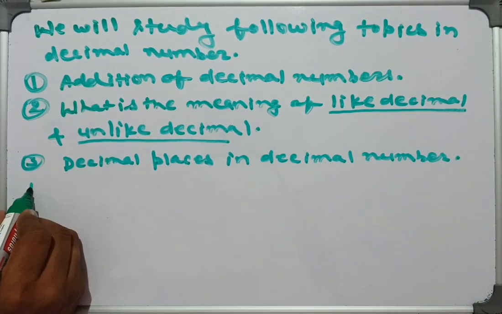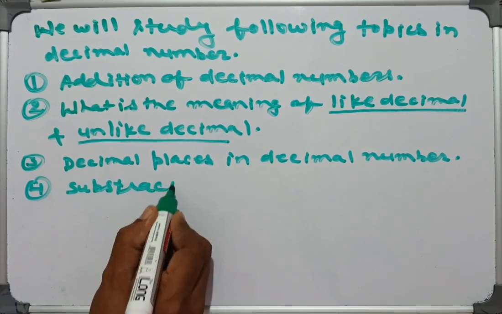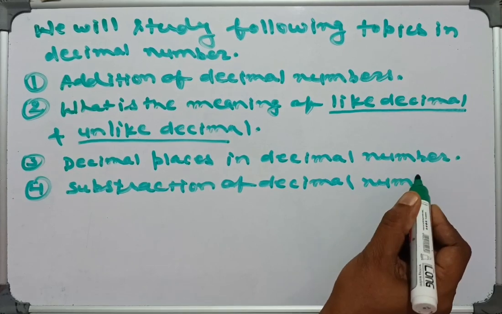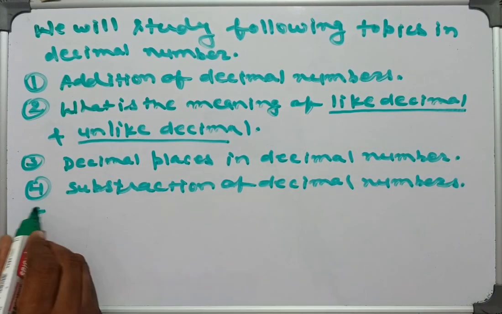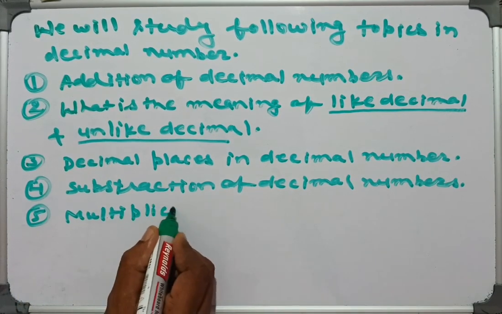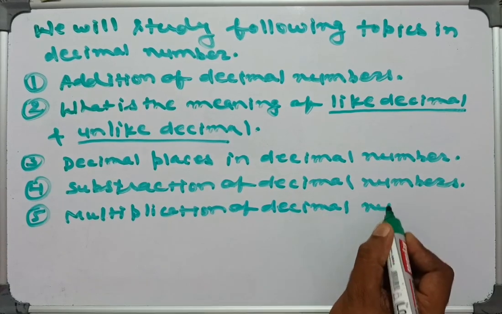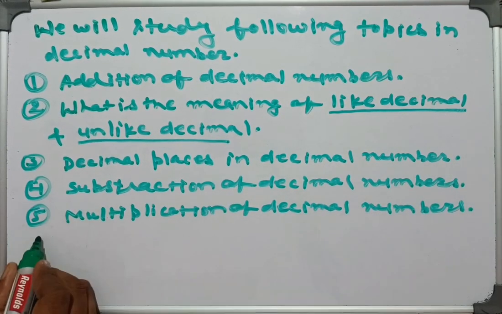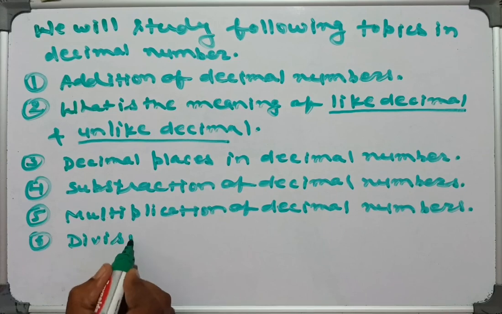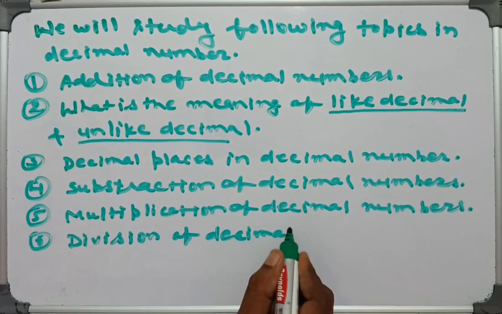And the fourth one we will study subtraction of decimal numbers, and the fifth one we will study multiplication of decimal numbers, and the last one we will study division of decimal numbers.